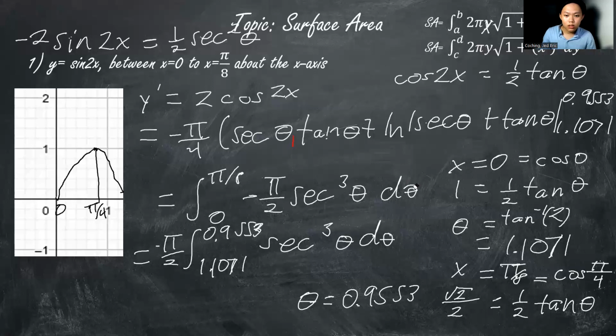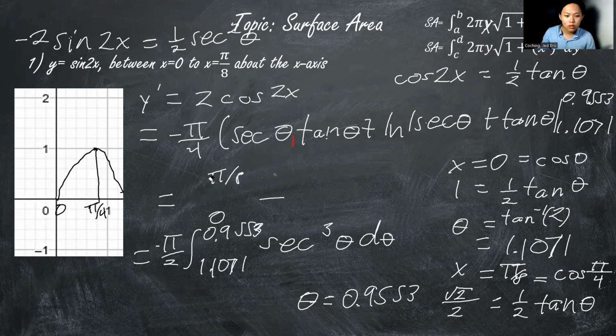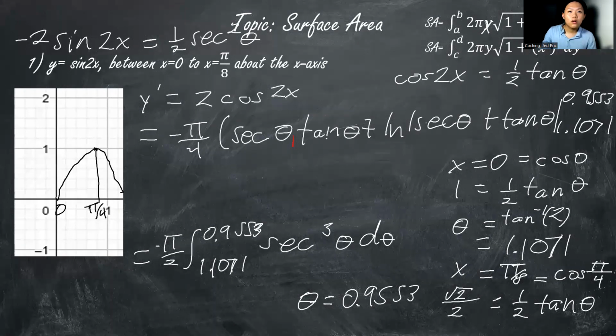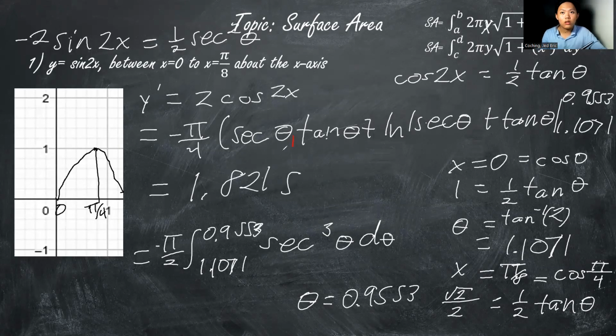Let's erase this bottom. Now we can get the value of this. If we input it in the calculator, it's going to become 1.8215, and that's the answer.